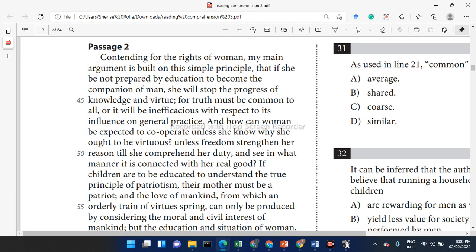For truth must be common to all, or it will be inefficacious with respect to its influence on general practice. And how can women be expected to cooperate unless she know why she ought to be virtuous, unless freedom strengthen her reason till she comprehend her duty and see in what manner it is connected with her real good?